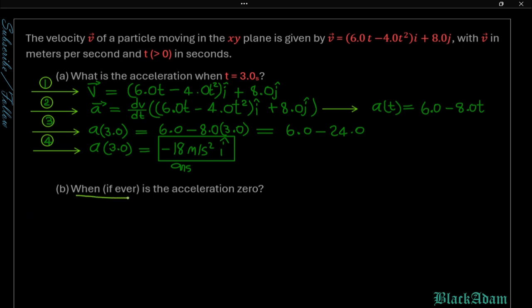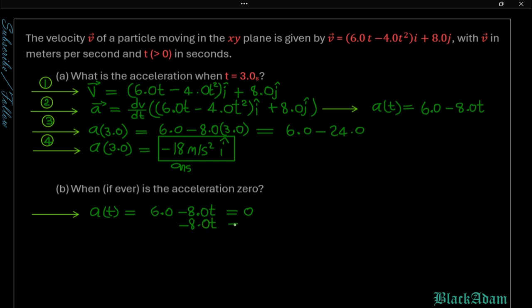So second, question B: when, if ever, is the acceleration 0? When has to do with time, so we need to know what time gives acceleration the value of 0. Acceleration as a function of time, we have 6.0 minus 8.0t equals 0.